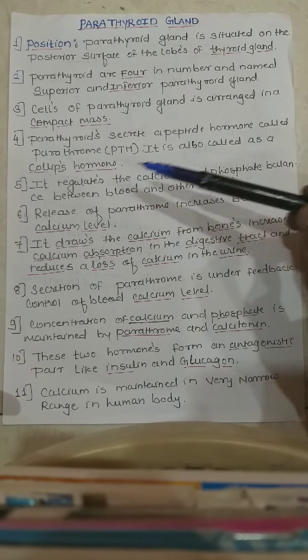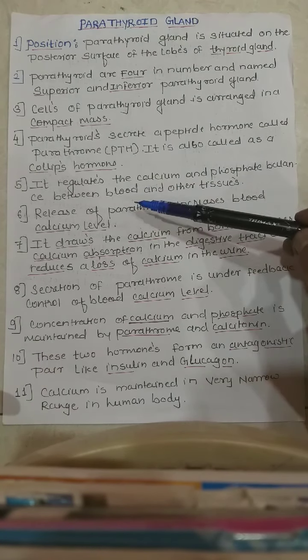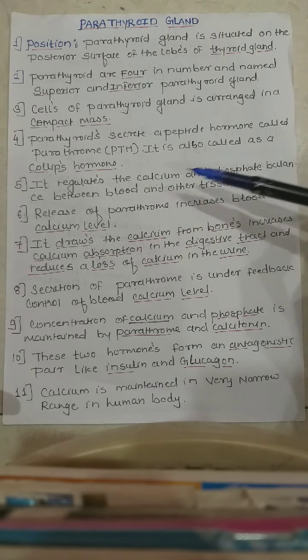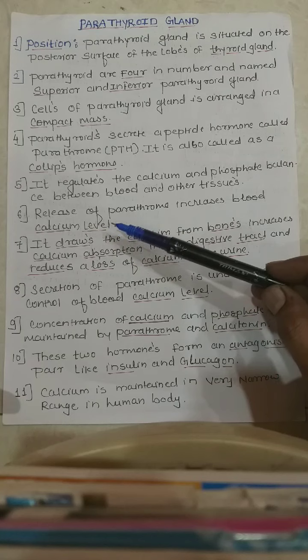It regulates the calcium and phosphate balance between the blood and other tissues. A release of parathormone increases the blood calcium level.